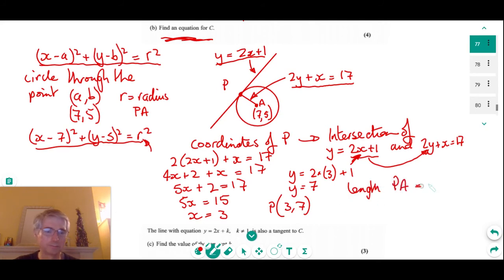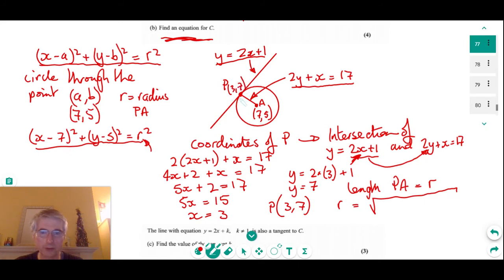And from that, I can find my radius, the length PA, which is r. r is going to be given by the square root of the difference in the x values. So that's going to be the 7, and this point here is 3, 7.